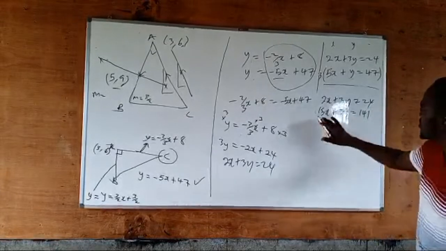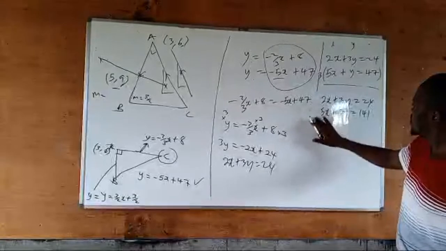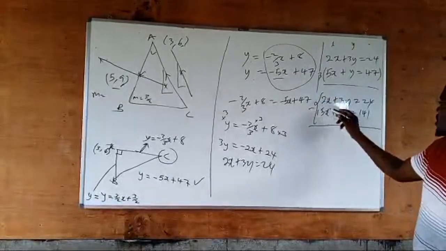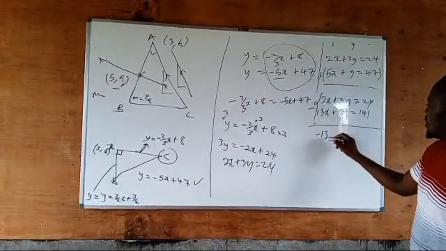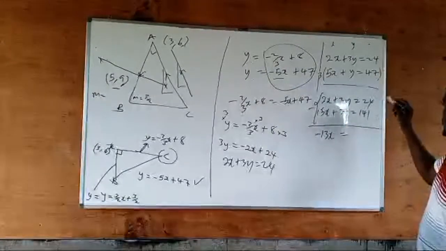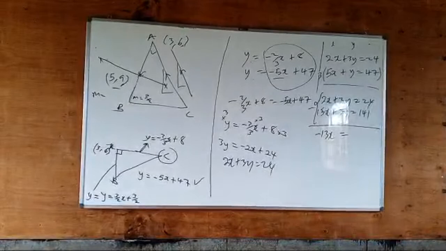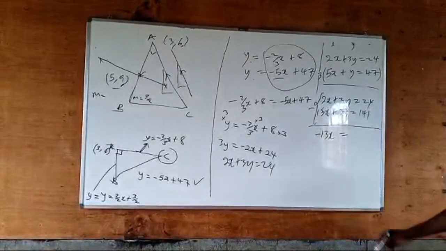Confirm. Now you subtract. It comes negative 19x equals to 24 minus 141.